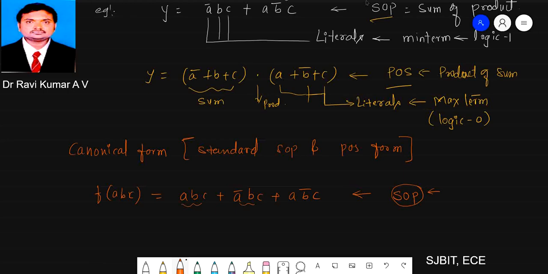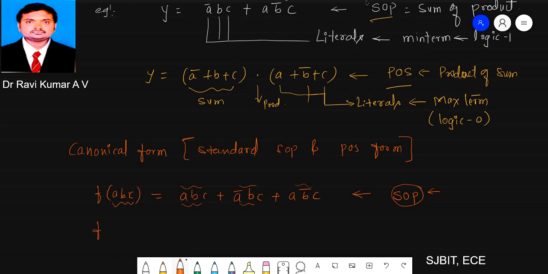Here the function has three variables, and each term, this one, this one and this one, consists of all the literals, so this equation is known as standard or canonical SOP form.